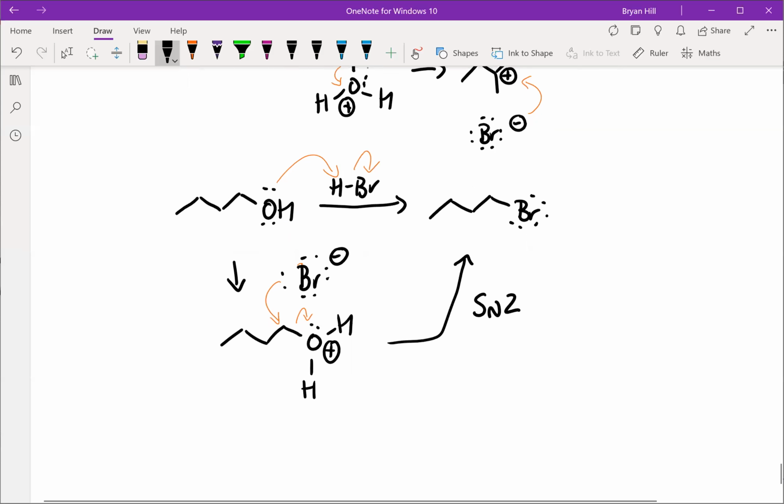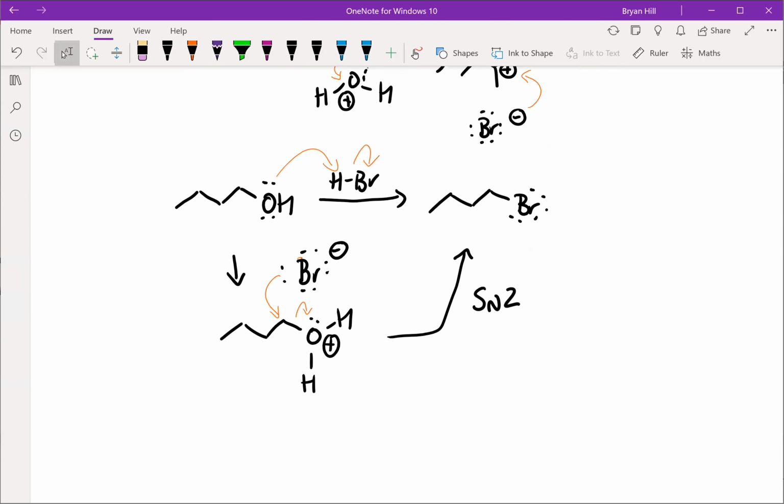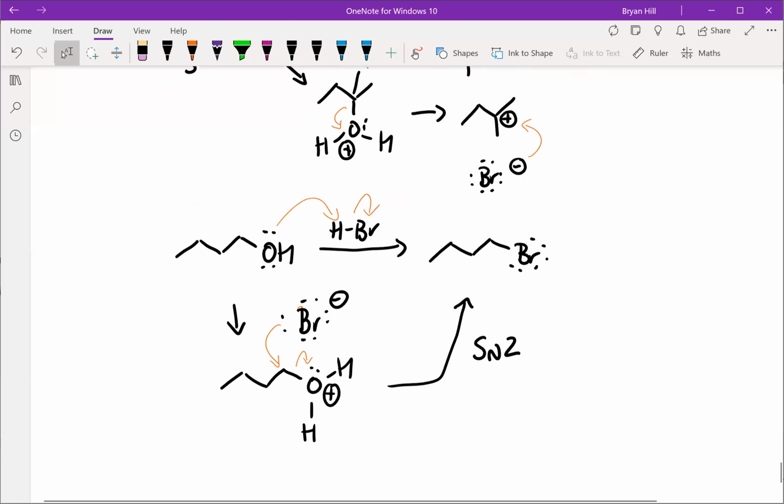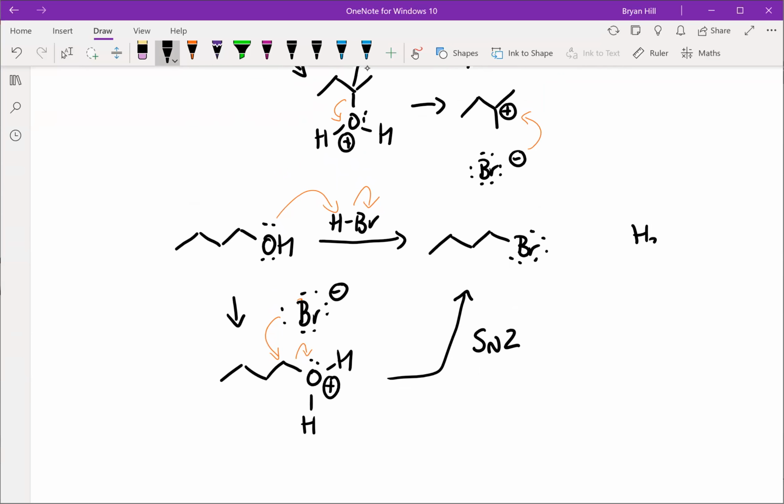The key point is that the alcohol gets protonated by the acid to become a good leaving group, and then we can do the substitution reaction. So in both of these cases, we've got water as the leaving group.